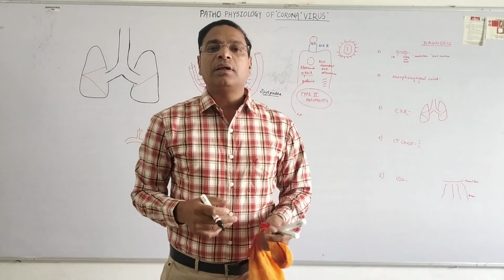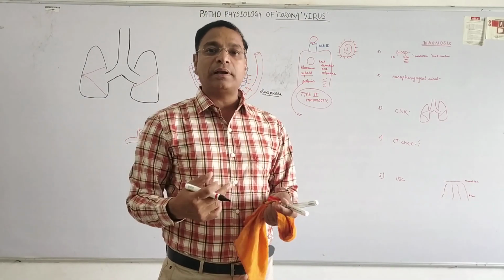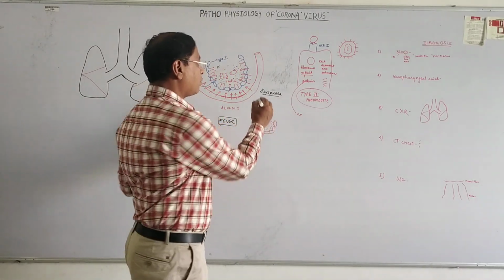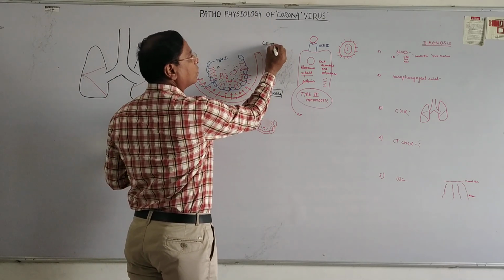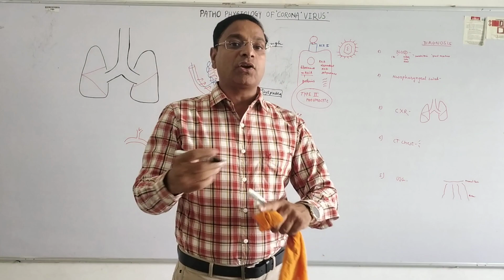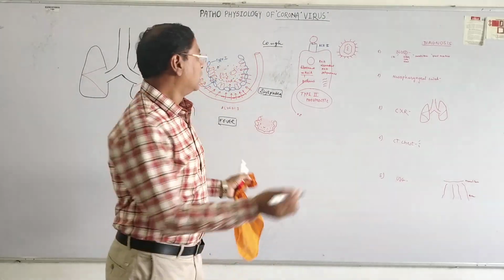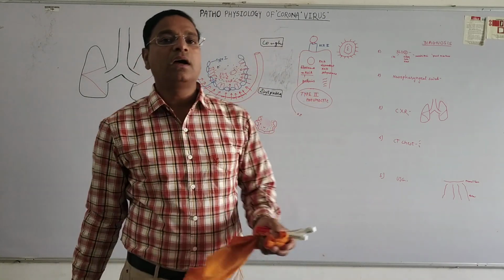The patient will not be able to complete a statement, will not be able to walk properly, and there will be dyspnea. So we talk about dyspnea, we talk about fever. Before that, again, there will be cough as well. This cough initially will be dry, but later on, because of all of these secretions, it will become productive. So these are the three very important features of this COVID-19.